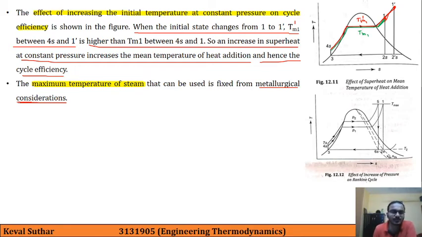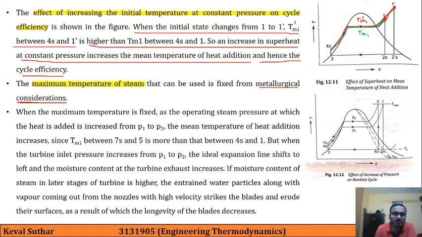So the maximum temperature of steam is fixed because of this. We cannot go beyond this. So this is the value of Tmax.